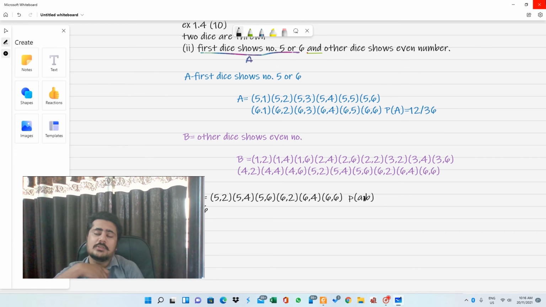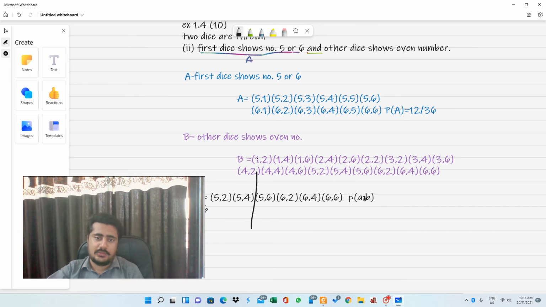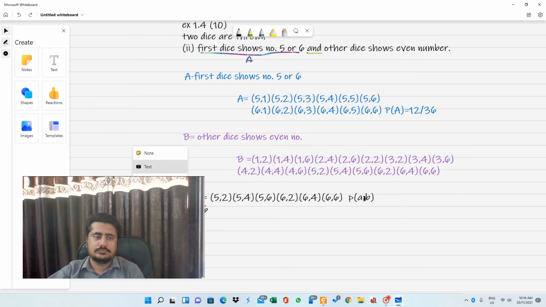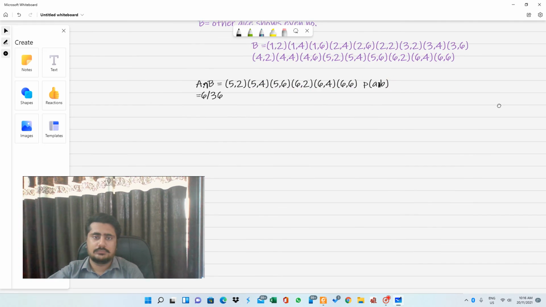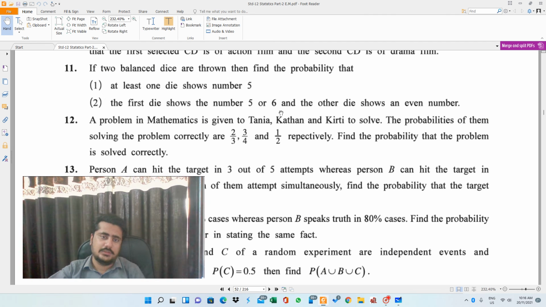Intersection, that means common, that is 6 by 36. Question was to find the "and", that means I have to find intersection only. Nothing else will be done in this question. So we have completed 11th.